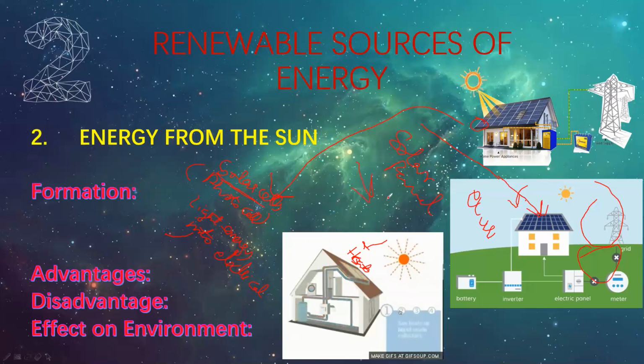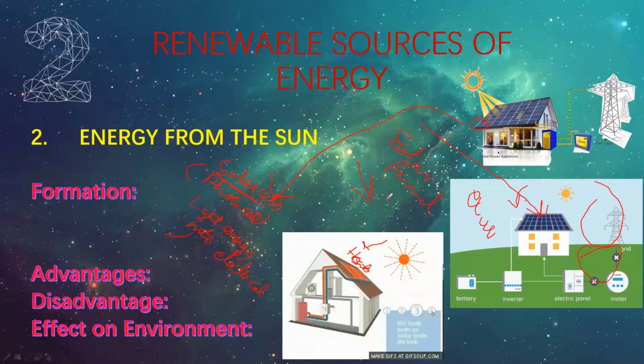The disadvantages are likely fewer. One disadvantage is that sunlight is not available all around, so then we cannot use this. For example, in a region where it is most often cloudy, you wouldn't be able to get solar energy for a longer time, right?